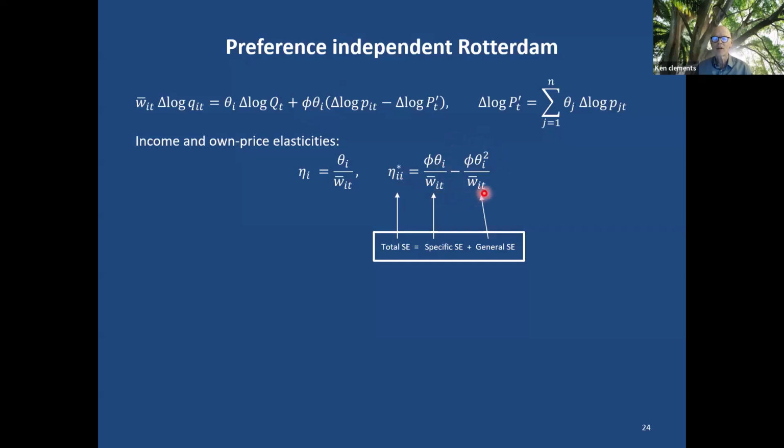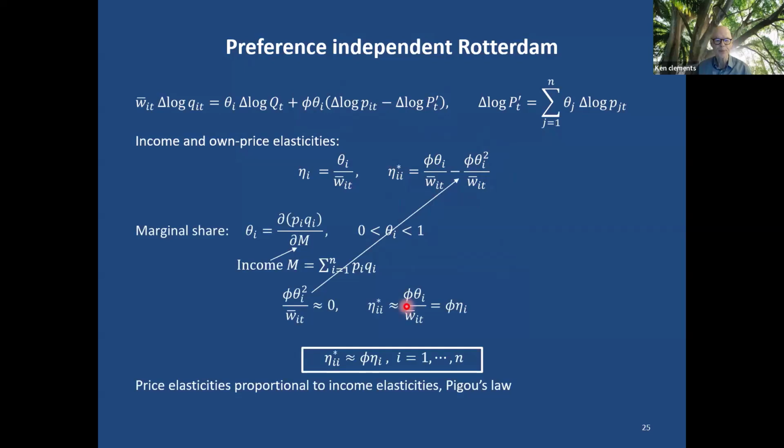And then we have the general substitution effect here, which we pick up from the Frisch price elasticity and the product over here. So this price elasticity is the total substitution effect. First term on the right-hand side is the specific effect, and the second term is the general substitution effect.